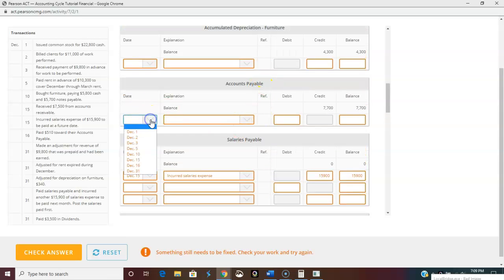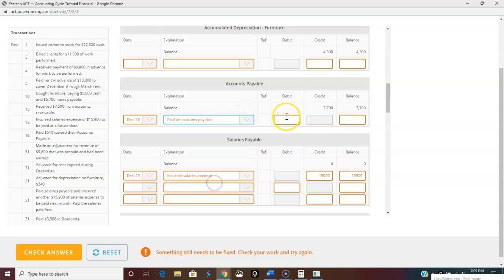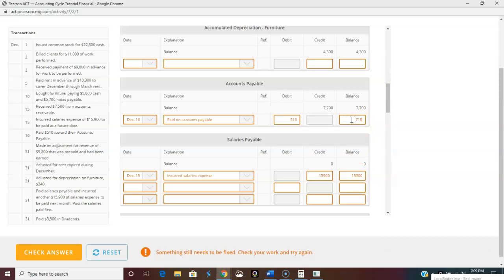On the 16th, paid toward accounts payable. So that's going to go up here. On the 16th, paid on accounts payable, debit 510. So then this balance is 7,700 minus the 510, which is 7,190. And that was on the 16th. I think we got them all.